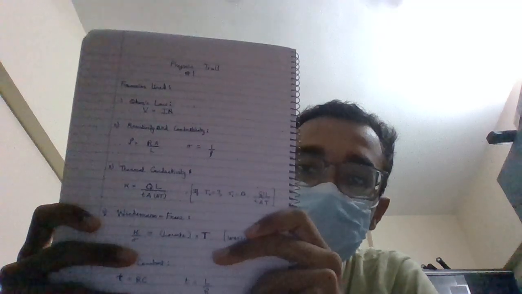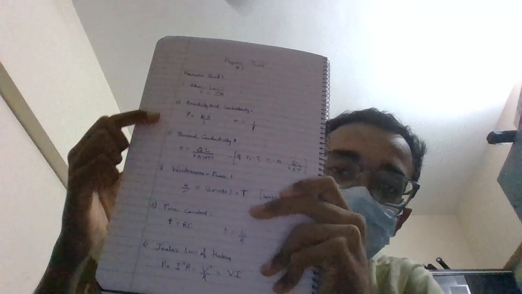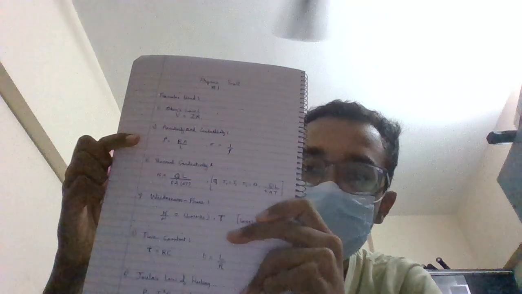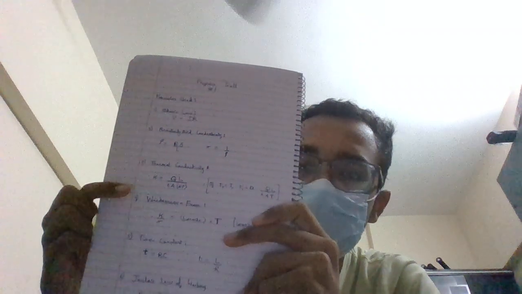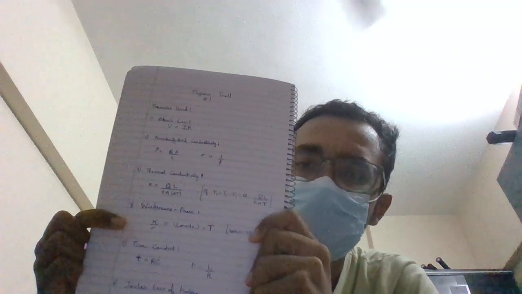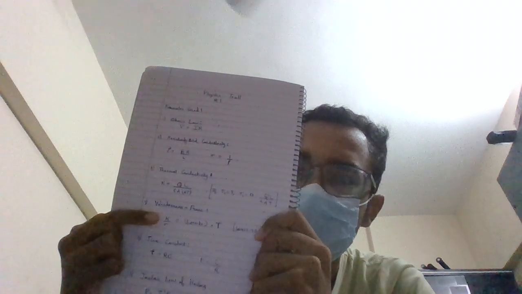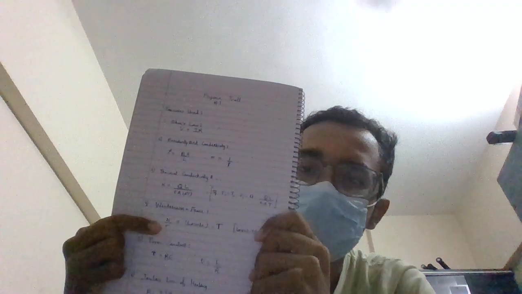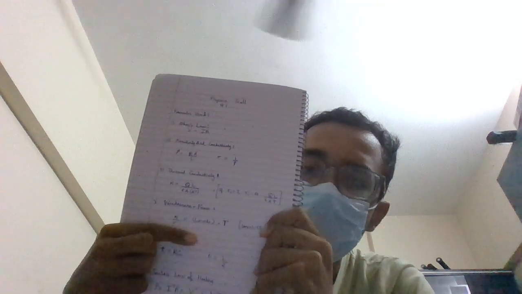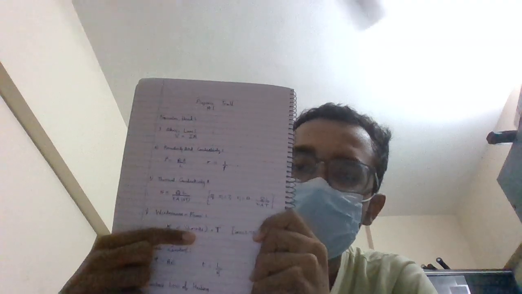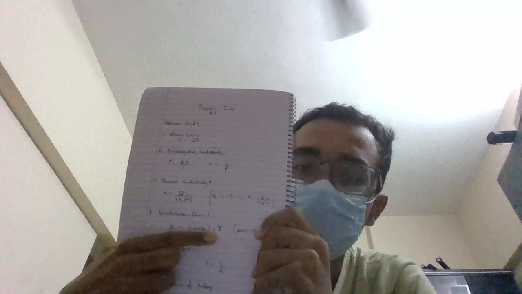So we've got this first part right here. This is all the various formulas we're going to use. Ohm's law, specific resistance, thermal conductivity. You've got the Wiedemann-Franz law, which is the ratio between thermal conductivity and specific conductance, equal to the Lorentz constant times absolute temperature.